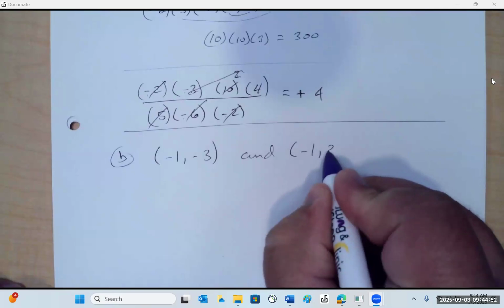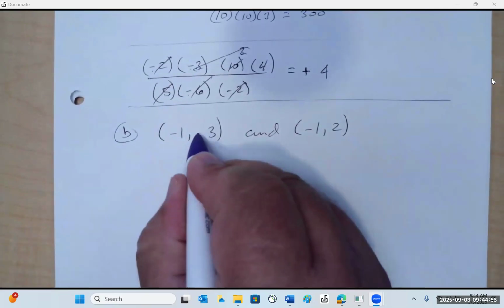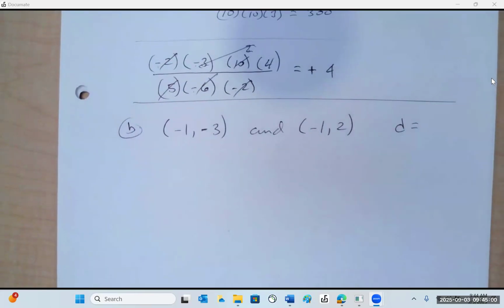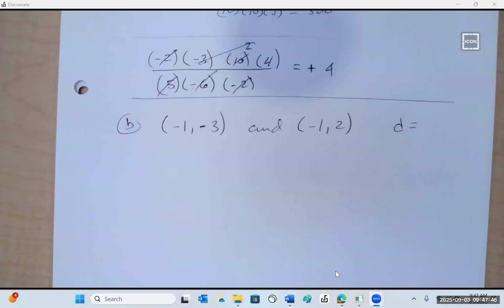Find me the distance between these 2 points. All right.